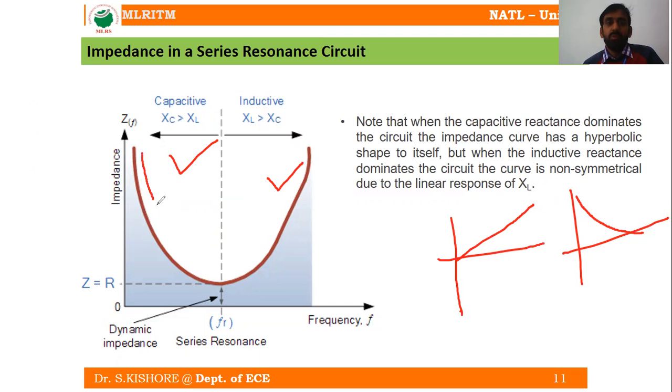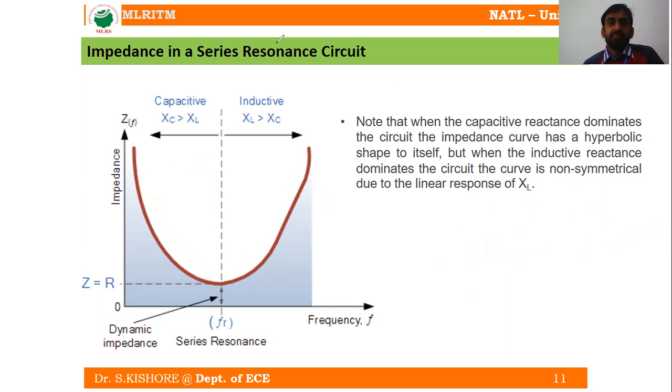On this side it is going to be a more perfect hyperbolic shape, whereas here it is not going to be a perfect hyperbolic shape. Why? Because it is non-symmetrical, due to the linearity of the inductive reactance. Right.